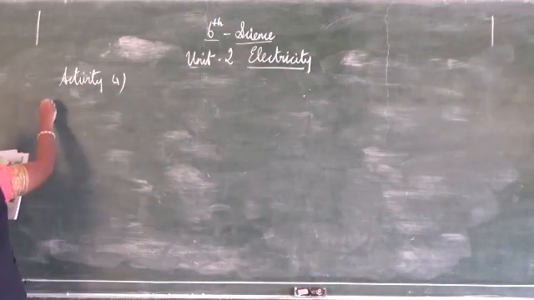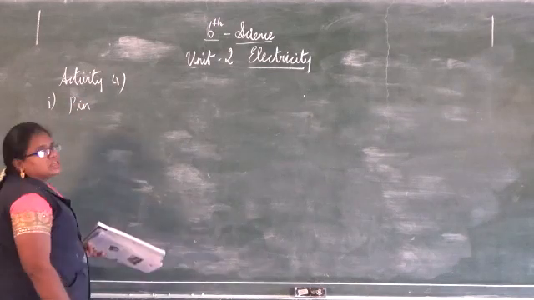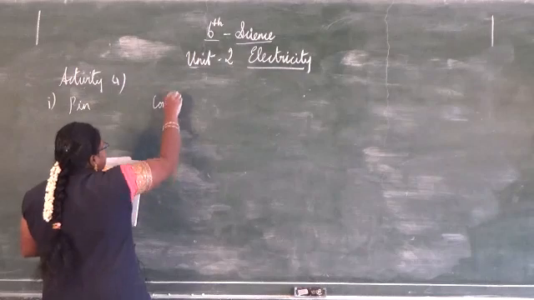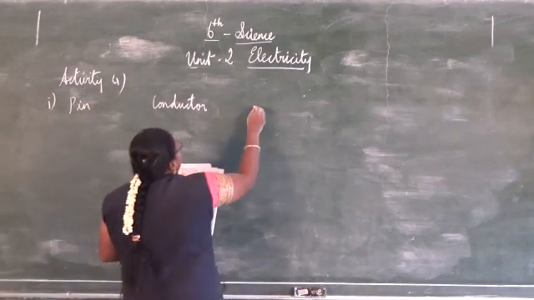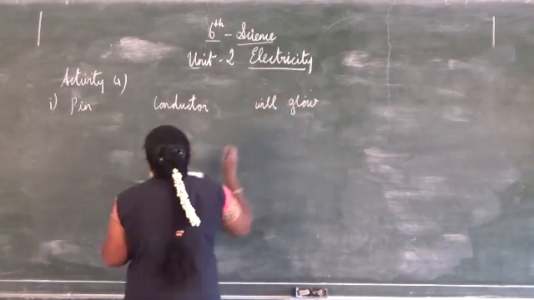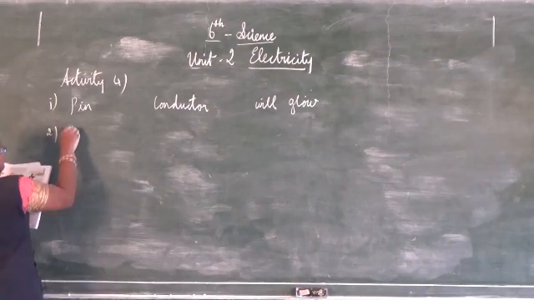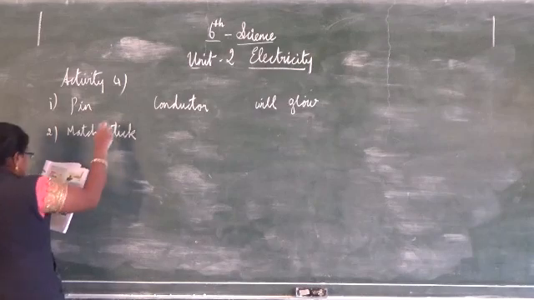Okay, first one they are asking regarding a pin. See, it obviously conducts, so it is a conductor. Conductor means the bulb will glow. Okay children, the next one is a matchstick.